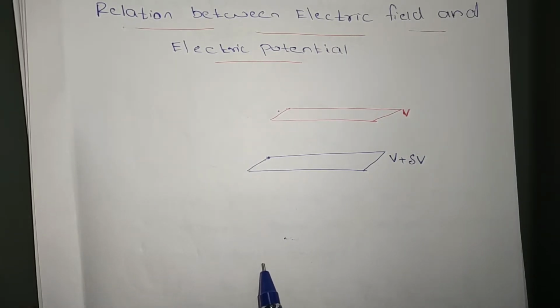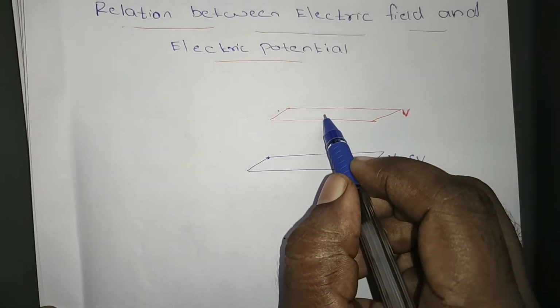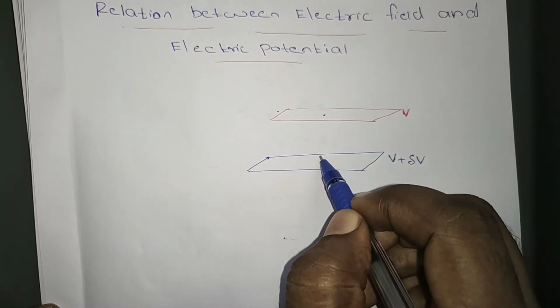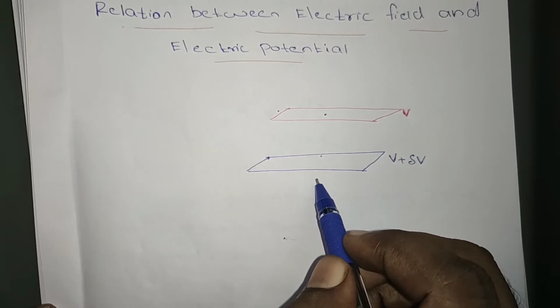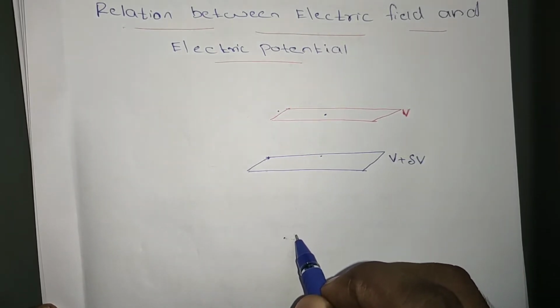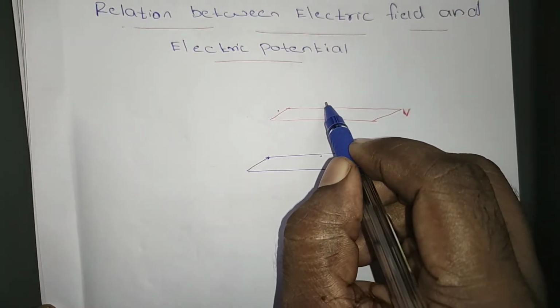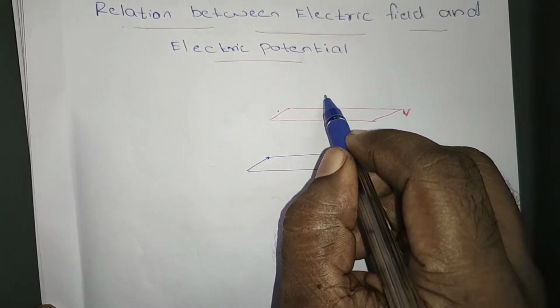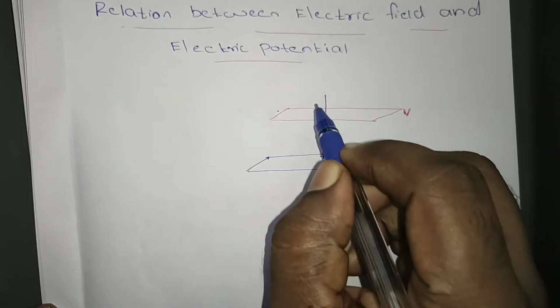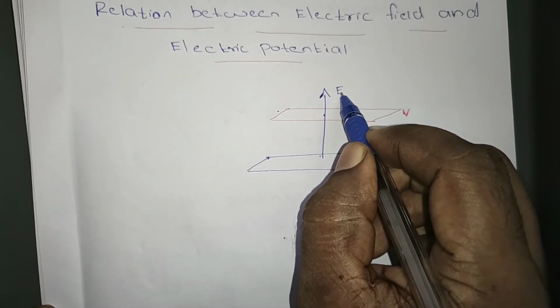So listen here. What is the electric field between these? The electric field is always perpendicular to it. This is the equipotential produced by a positive charge. So in which direction is the electric field going? The electric field is from here to here. Okay, so this is the electric field.